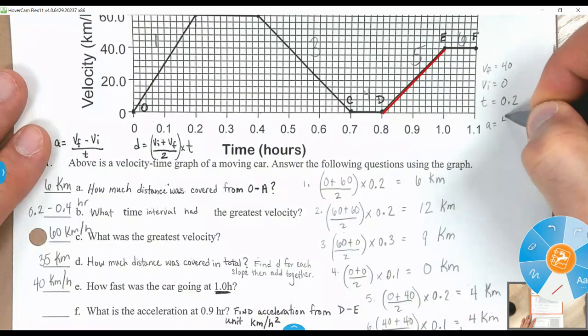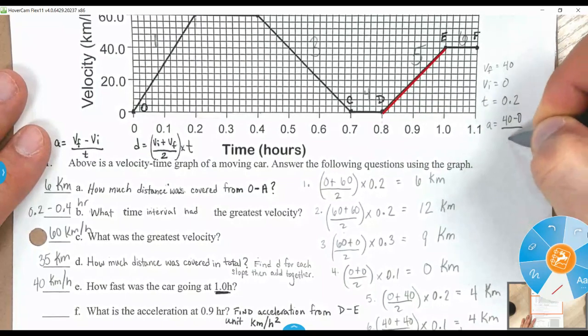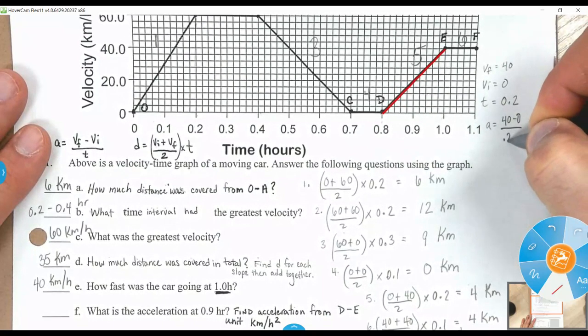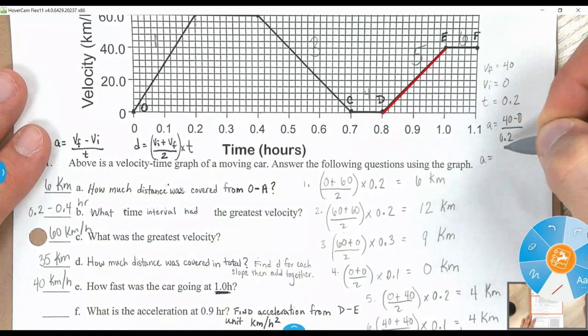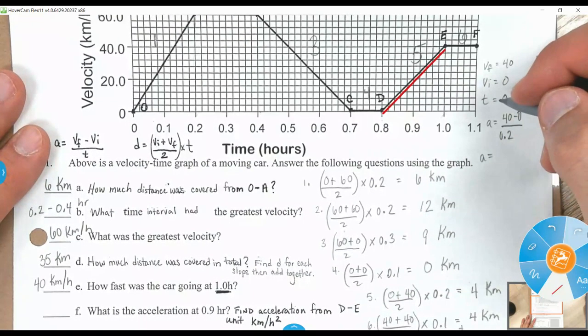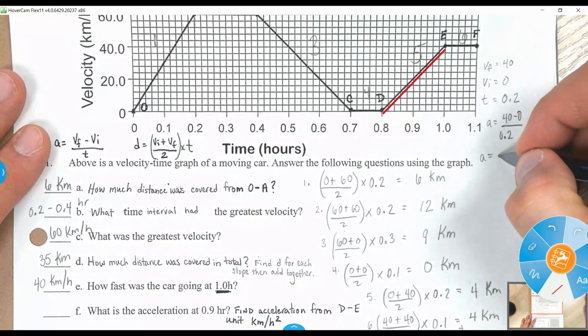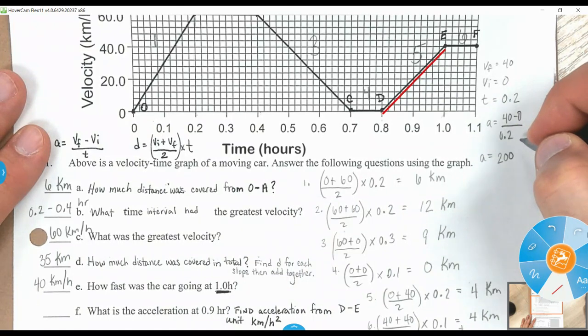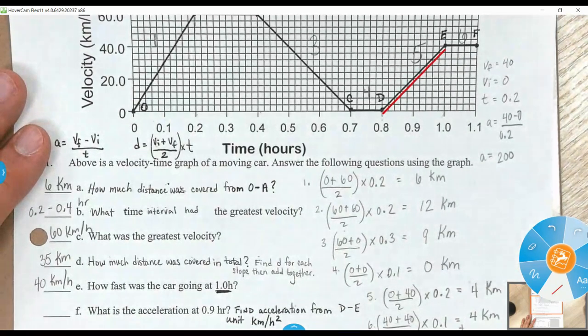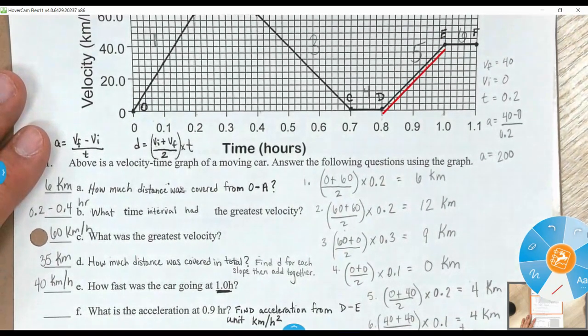All right, so the equation that's given over here on the left, you're just going to plug in your numbers. VF minus VI over 0.2. And the acceleration, therefore, will come out to give us... Well, let me see. 40 divided by 0.2.